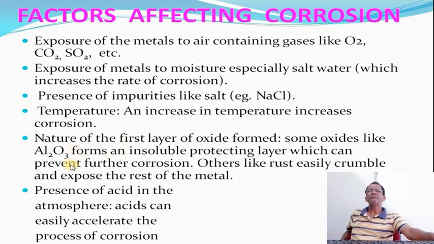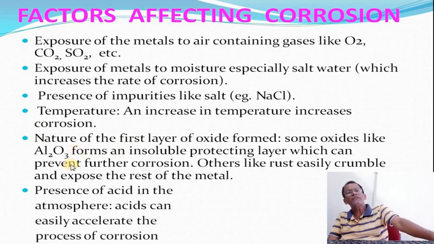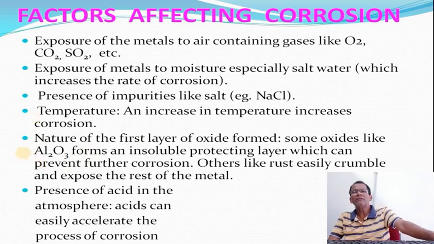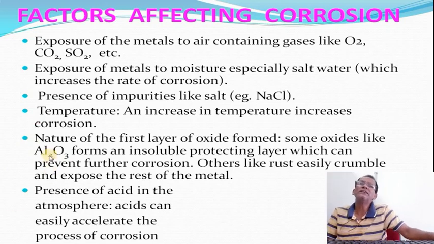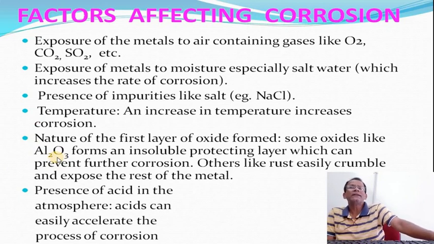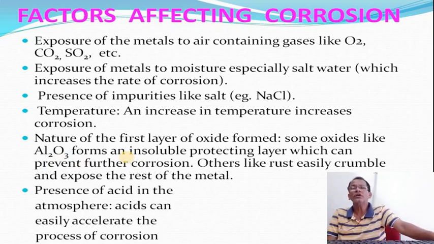Another thing is some metals are not easily corroded, although they are more reactive. What are the examples? Aluminium oxide is a very stable oxide. Once a coating of aluminium oxide is formed over the aluminium, it prevents further corrosion.